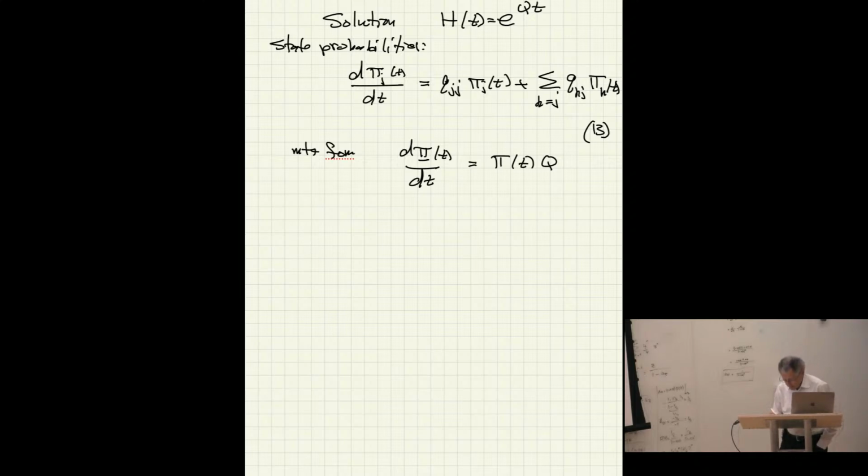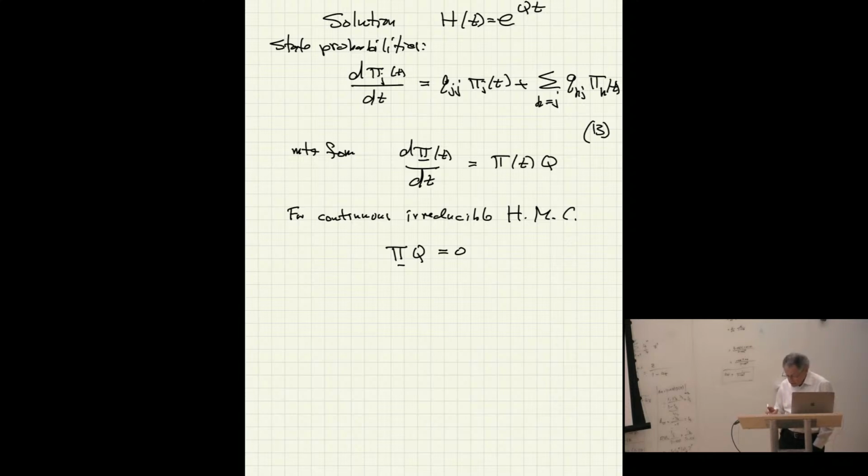Now, further on, for the continuous, irreducible, homogeneous Markov chain, we get the following: pi, the vector, times Q is equal to 0.